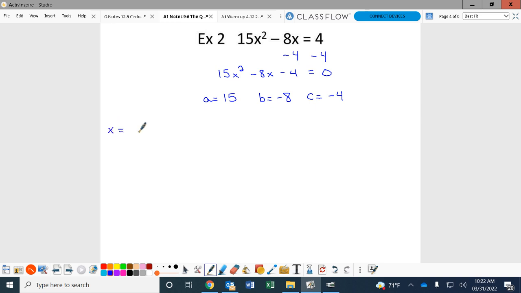X equals the opposite of B, which in this case would be -8, plus or minus the square root of B squared, which would be -8 squared, minus 4 times A, which is 15, times C, which is -4, all over 2 times 15. 2 times A. It always goes back over 2 times A, guys.